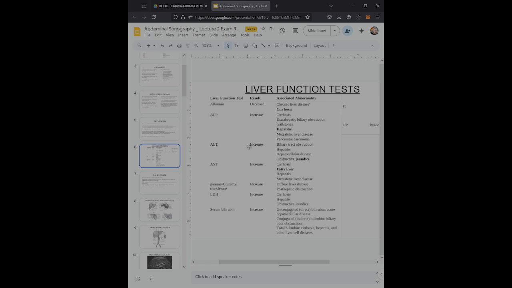Alanine transferase, if it increases, can indicate biliary tract obstruction, hepatitis, or hepatocellular disease or obstructive jaundice. AST increase would indicate cirrhosis, fatty liver, hepatitis, metastatic liver disease. Gamma glutamyl transferase, if it increases, would indicate diffuse liver disease or post-hepatic obstruction.